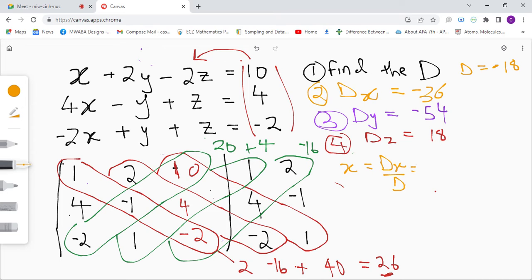Dx is -36 divided by 18. Sorry, D is negative 18. Negative 36 divided by negative 18, we get positive 2.